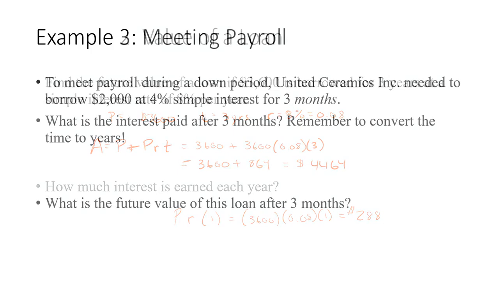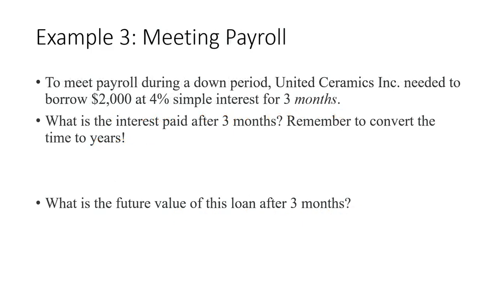In order to meet the payroll during some down period, this company borrows $2,000 at a 4% simple interest rate for 3 months. So what's the interest that's paid after 3 months? First, remember that 3 months is equal to 3 out of 12 months in a year, or 1/4 of the year, 0.25.